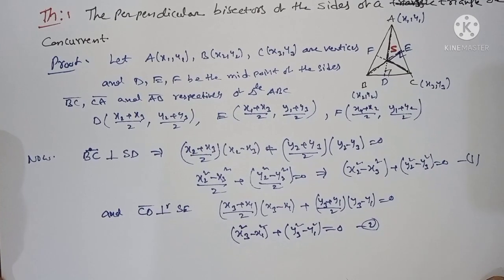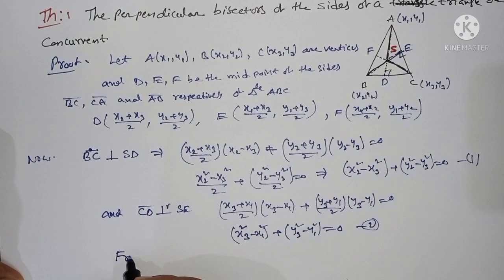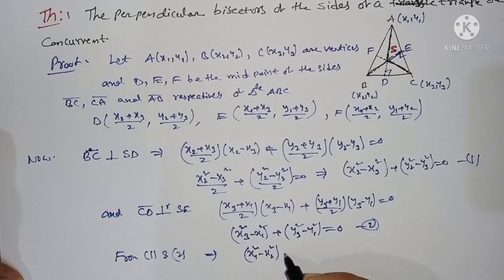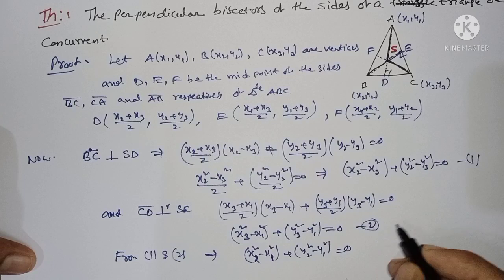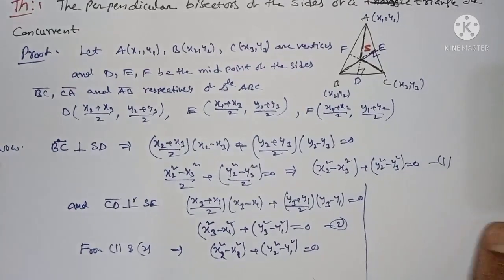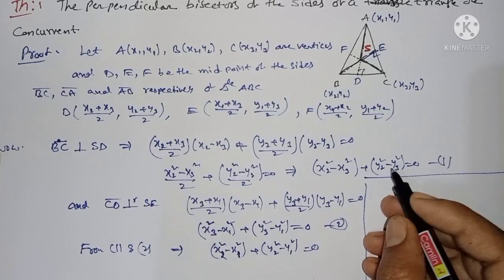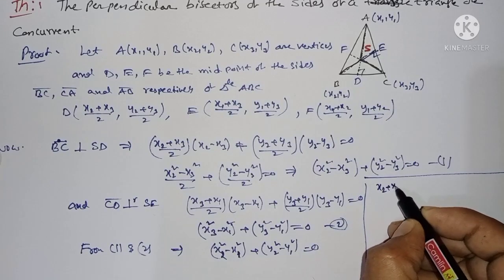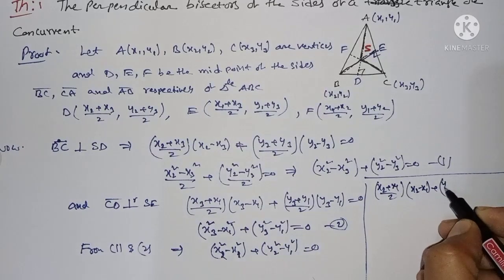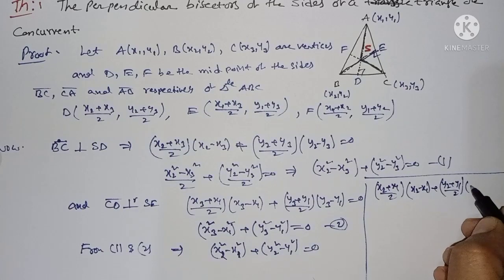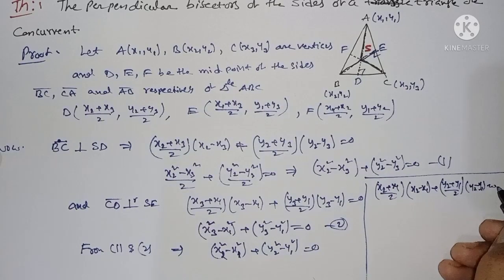From 1 and 2 we can observe here, this is the same. Similarly, x1² - x2² + y1² - y2² = 0. This can be written as ((x2 + x1)/2)(x2 - x1) + ((y2 + y1)/2)(y2 - y1) = 0, same.